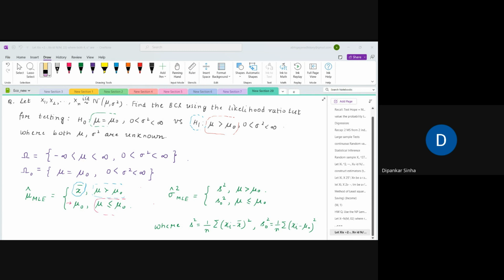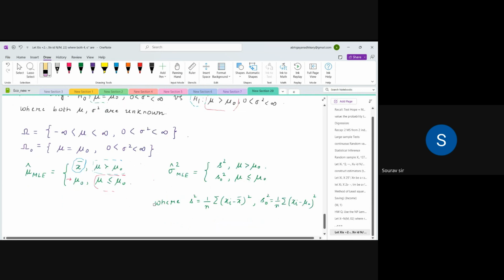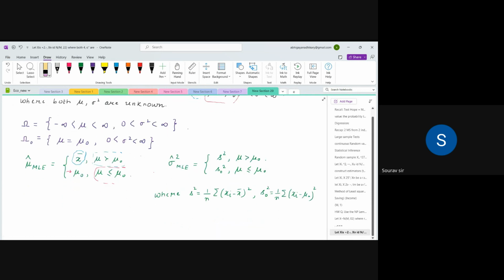If you all have understood this, I would now request you all to try to proceed in the exact similar way as the previous question. Define the maximized values of the likelihood function under omega and omega naught, take the ratio and see what you're getting. I want you all to just give it a try, because if you have understood the mechanism, then you should be able to replicate the same for this question.